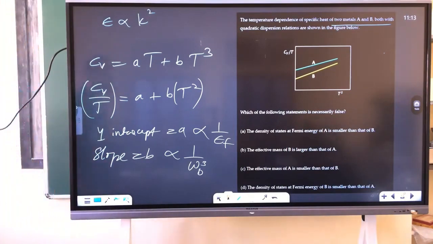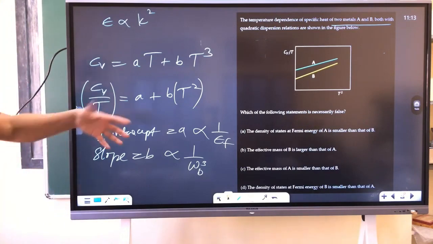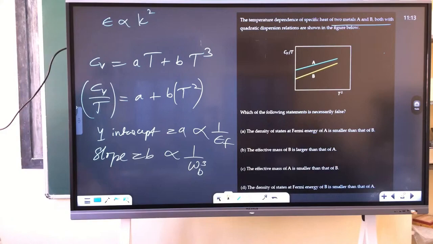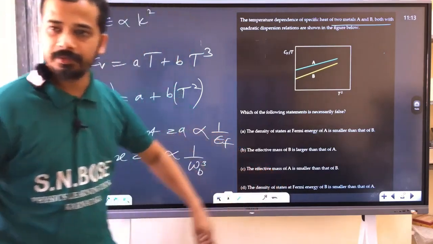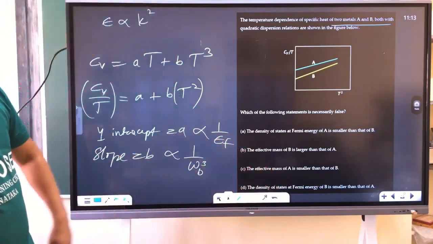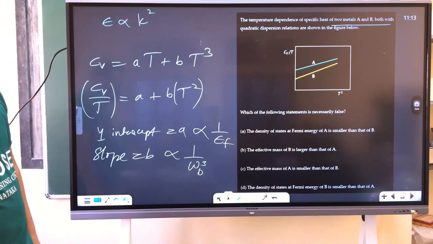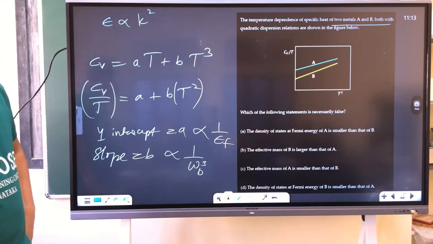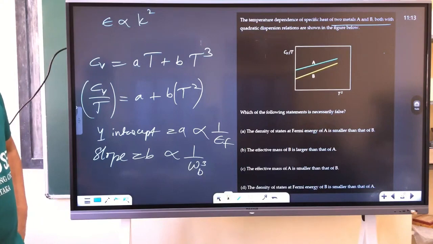You need much more condensed matter idea. I thought it can be done here only, that's why I placed it here, because he talked about effective masses, am I right? The density of state at Fermi energy of B is smaller than that of A. Density of state will be equal to density of particles for the energy.